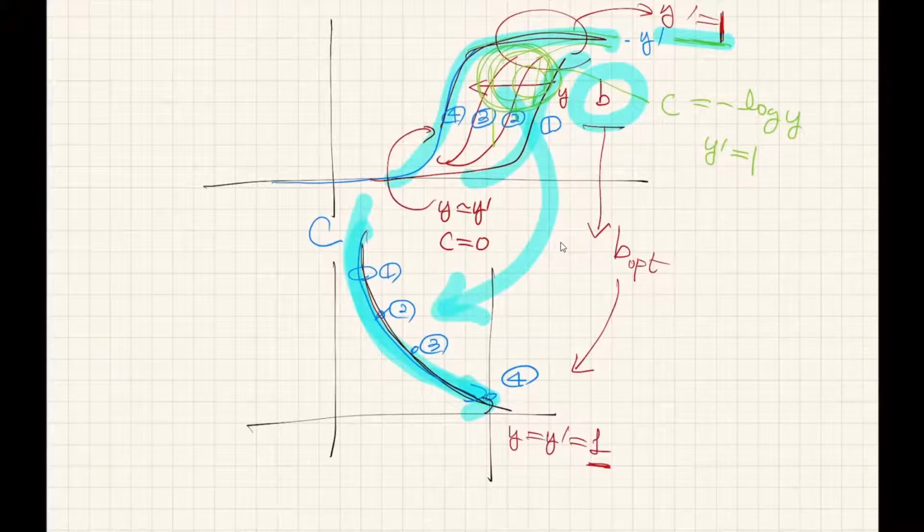So this 1, 2, 3, 4 means that you keep training until you reach point number 4. Number 4 means your output and your target output are both equal to 1. That is a brief introduction of the entropy cost function and training process.